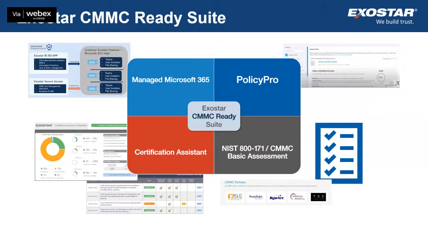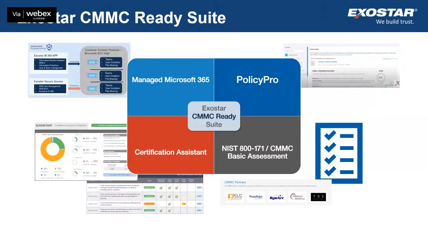So if you've got those two things going, and you also feel like one of your shortcomings is to store and secure that controlled unclassified information you receive or create, Exostar has our managed Microsoft 365 application.